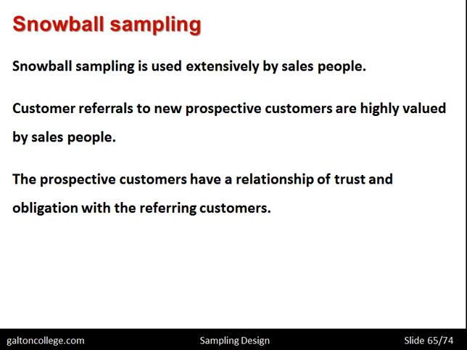So the prospective customers, the ones further away, have a relationship of trust and loyalty almost with the referring customers. So if a customer buys a television in a shop and then refers the shop and recommends the shop to their friends who are prospective customers, the prospective customers are more likely to use that shop because they trust their friends.